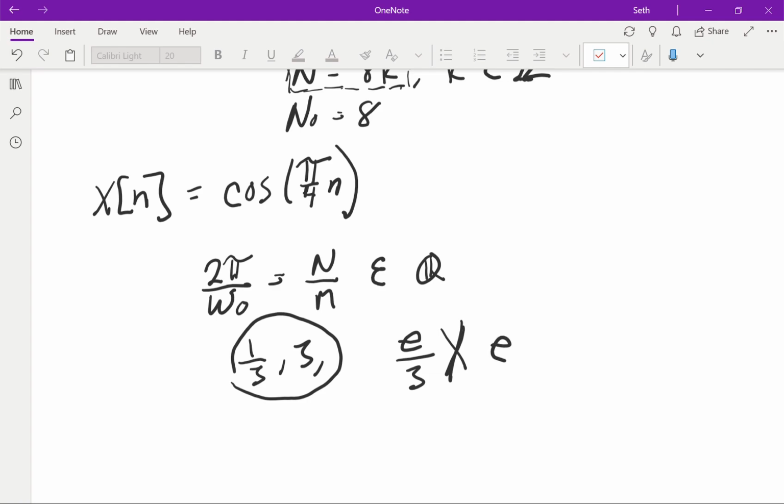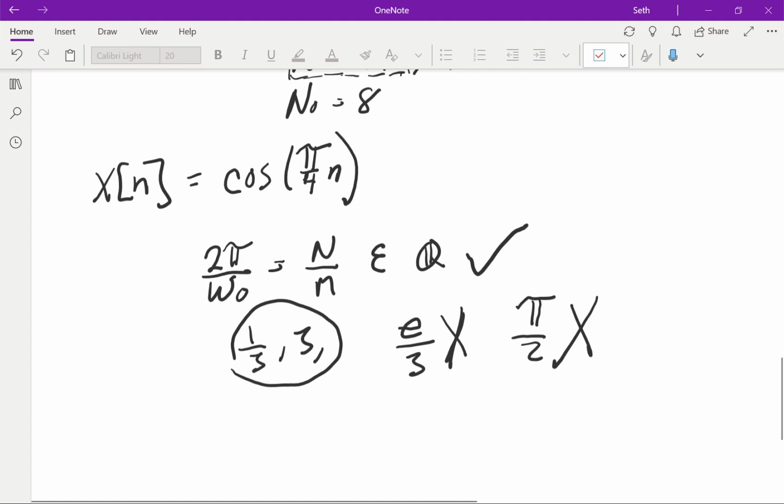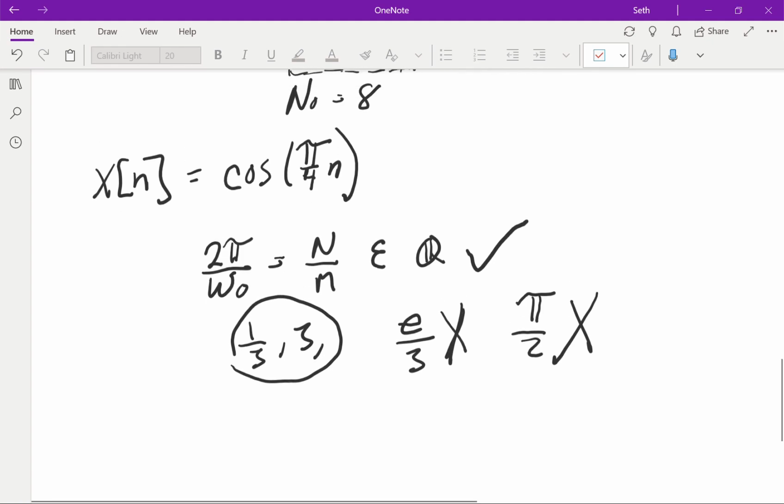E is an irrational number. If there's a pi in it, pi divided by 2, no, pi is an irrational number. So N divided by m has to be a rational number. Pi is irrational. E is irrational. You can think of other ones. Okay, that's it for number 2.